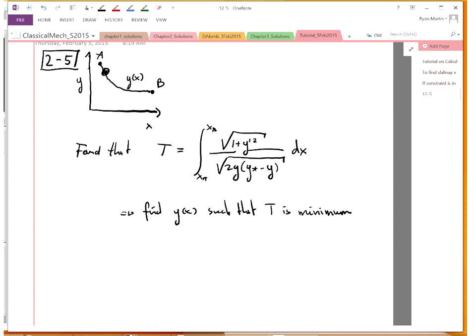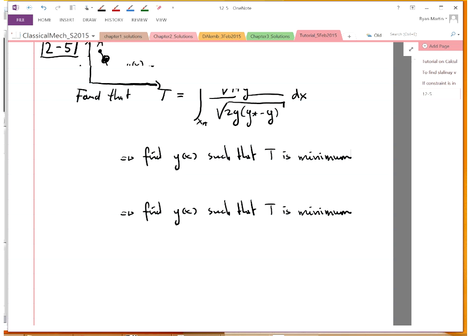The only thing that matters here is finding the shape y of x, so the shape of the wire is not going to depend on the value of g, or gravity. So that square root of 2g I can move outside of the integral, and it's not going to change the answer. Similarly, the integral is going to be prettier if I choose to set the origin at A, and for the wire that I've drawn, I'm going to say y is positive in the negative direction.